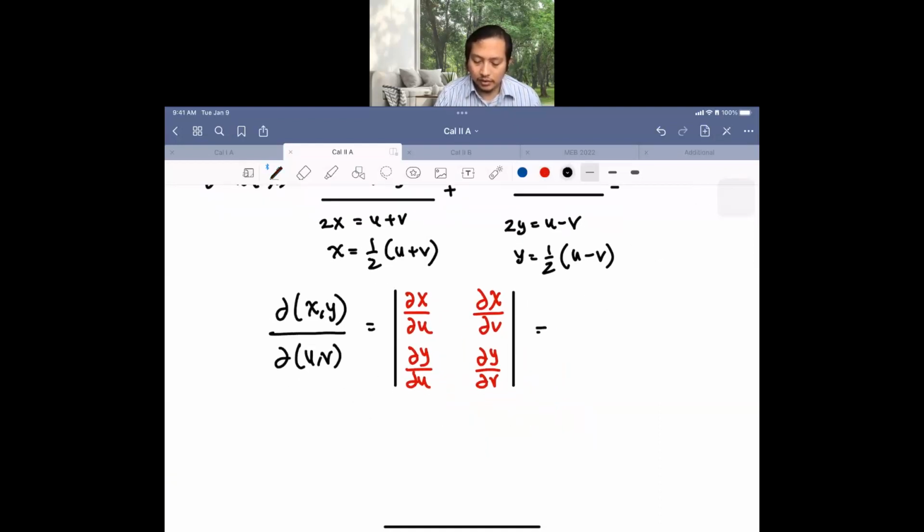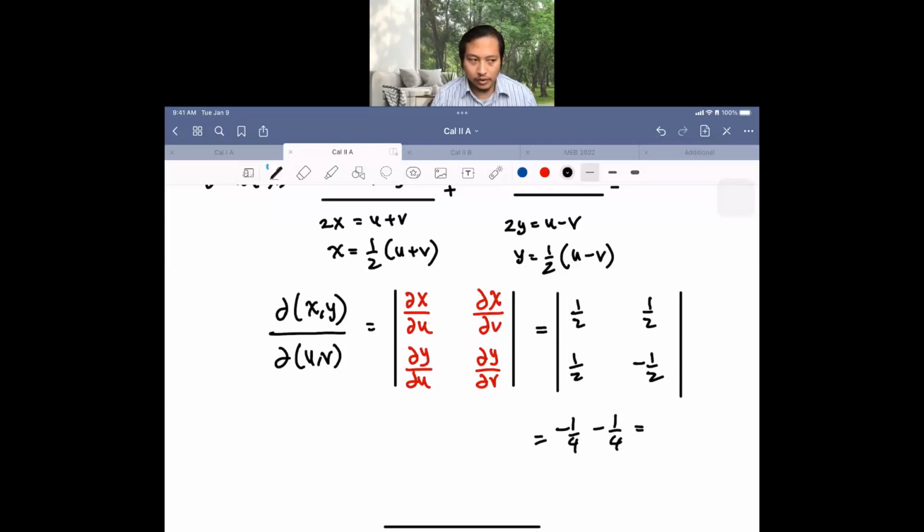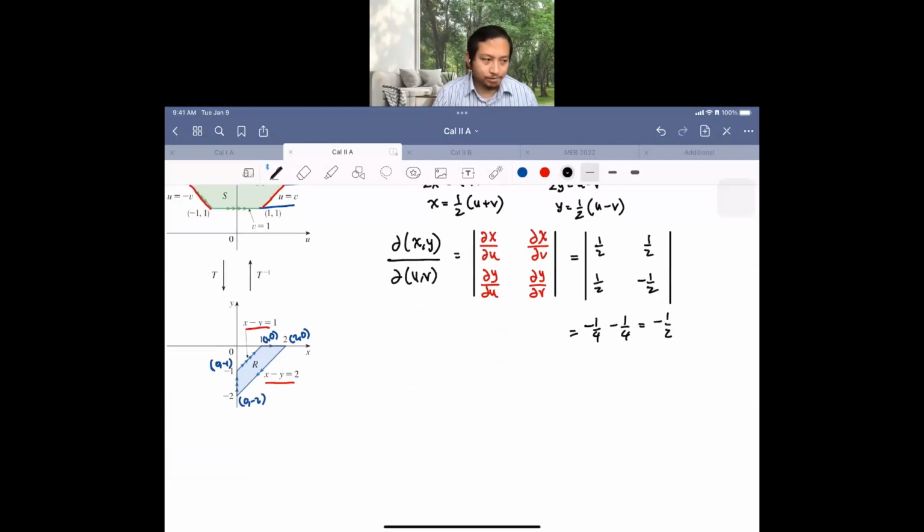This will get you, all the positives will be just half, and the last one is the negative for v. So we get negative 1 over 4, negative 1 over 4 is negative 2 over 4, so it should be negative 1 over 2, but this should be in the absolute value later, right?